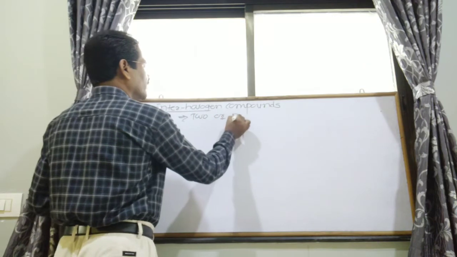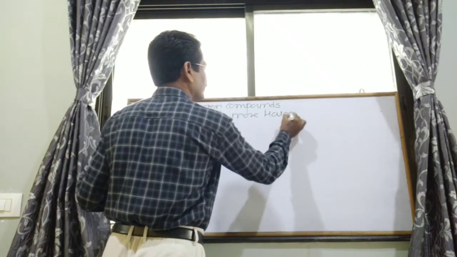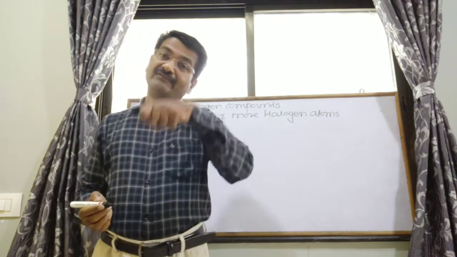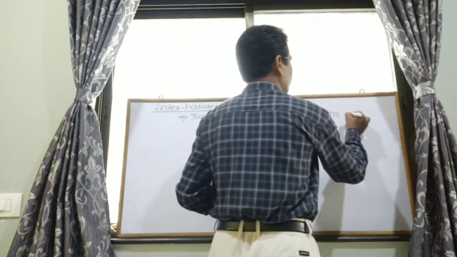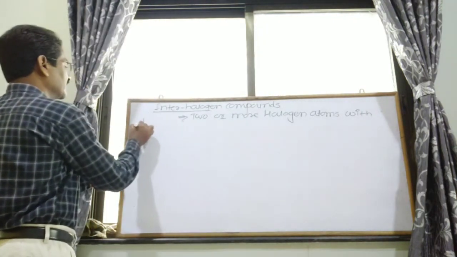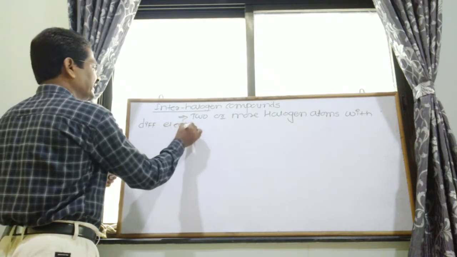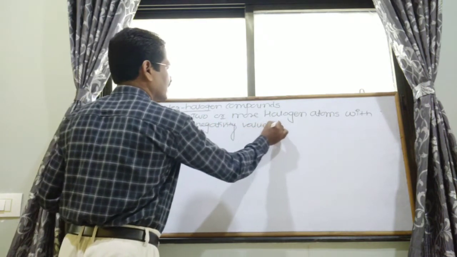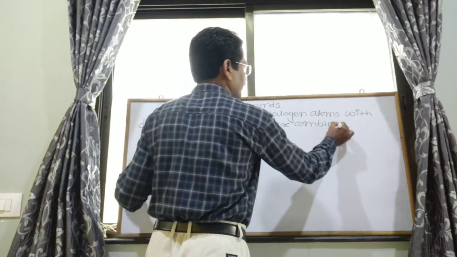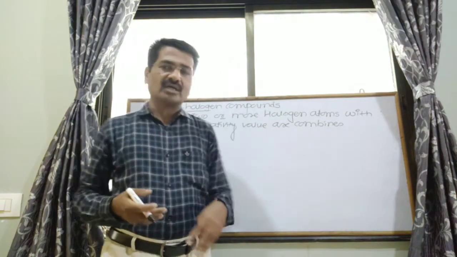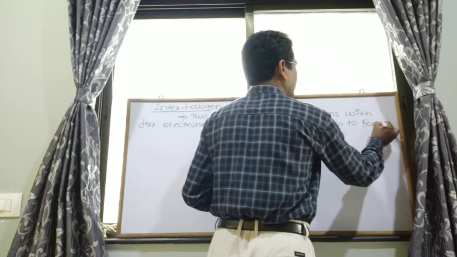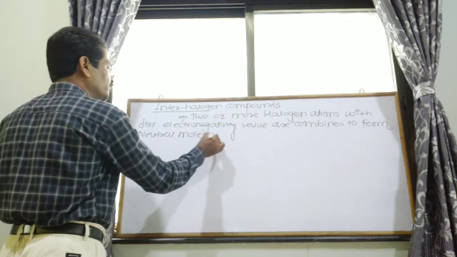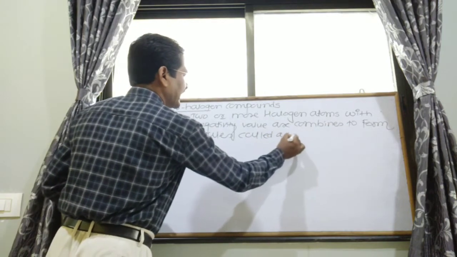Two or more halogen atoms with different electronegativity values combine with each other to form neutral molecules, called interhalogen compounds.